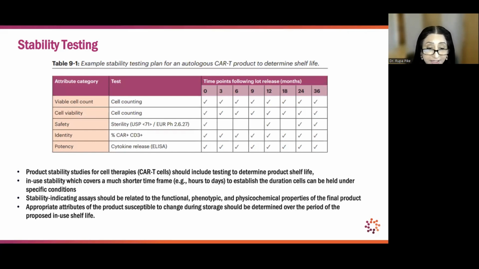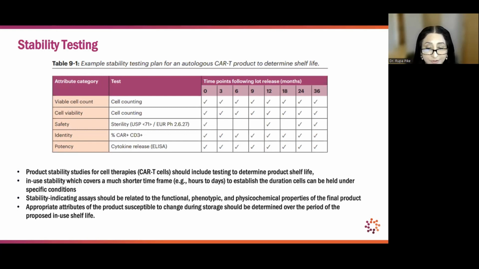FDA and other regulatory agencies recommend that product stability studies for cell therapies, including CAR T cells, should include testing to determine product shelf life, as well as in-use stability, which covers a much shorter time, could be hours to days, to establish the duration for which cells can be held under specific conditions.